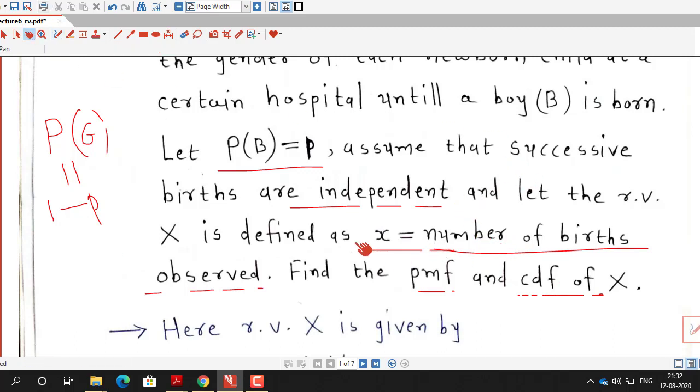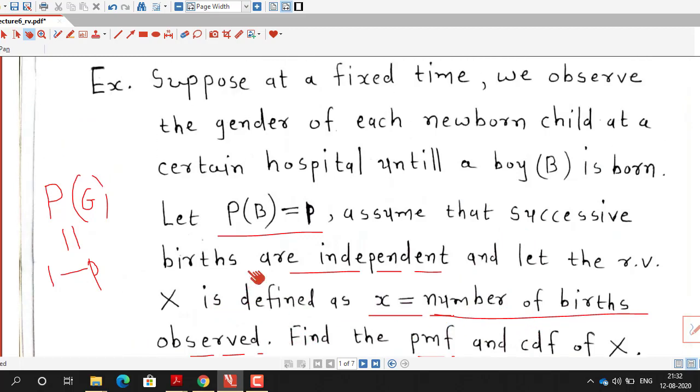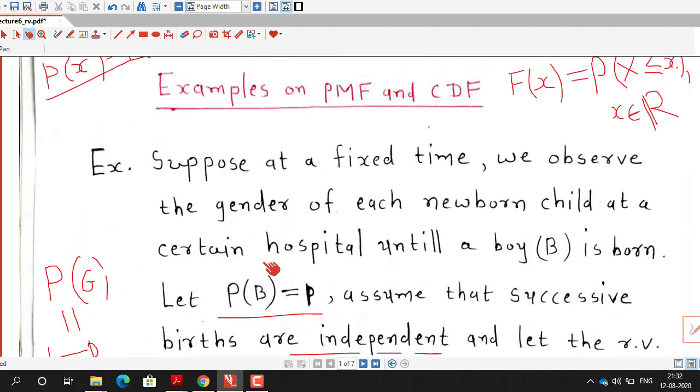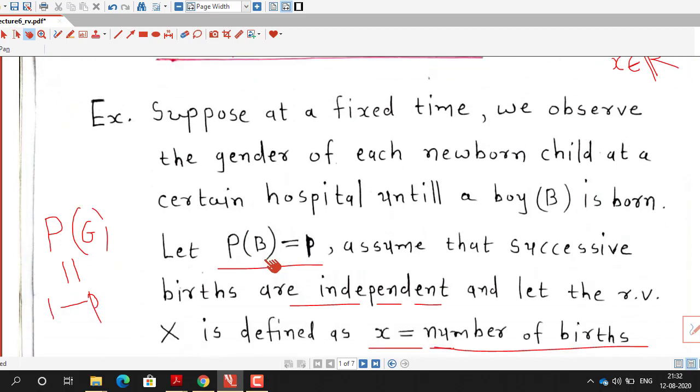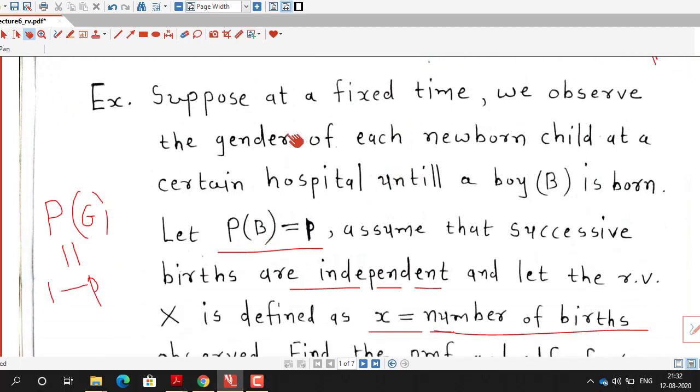The random variable is defined as the number of births observed. So what are the possible values of this random variable? They are observing the gender of each newborn child until a child is a boy.